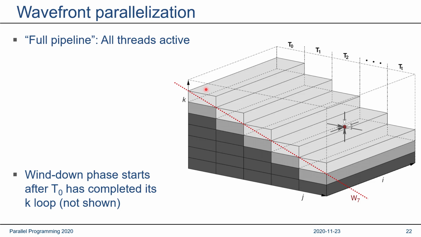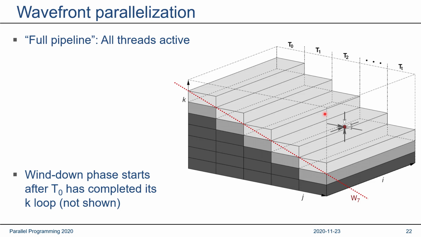You see why this has a similarity to pipelining, and it's actually also called pipeline parallel processing. After T0 has completed its complete K loop, it goes idle, and only T1 to TT are busy, and then fewer threads are busy till in the end the top right block is being updated by the last thread, and then the computation is done.